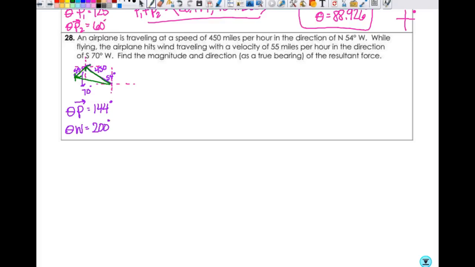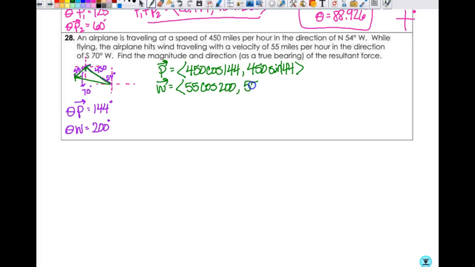Okay. So for the plane, this vector is 450 times the cosine of 144, 450 times the sine of 144. For the wind, that's equal to 55 times the cosine of 200 and 55 times the sine of 200. Okay.